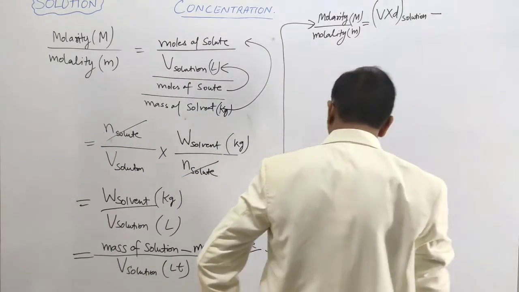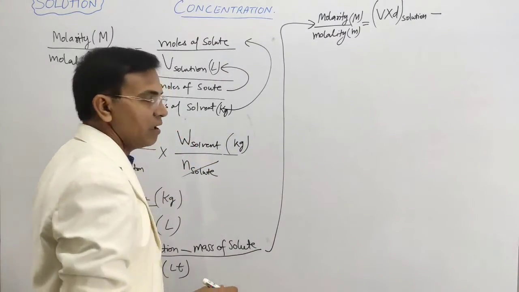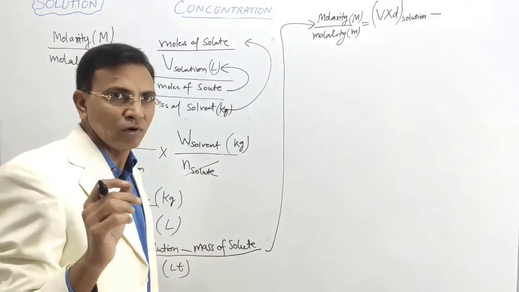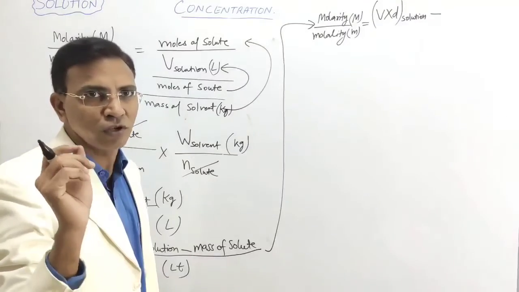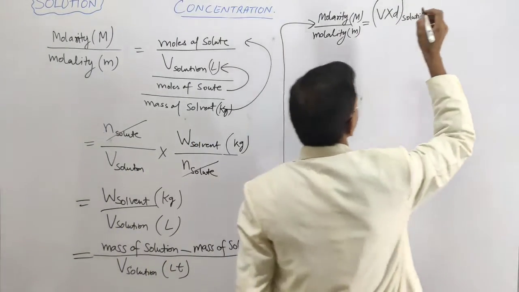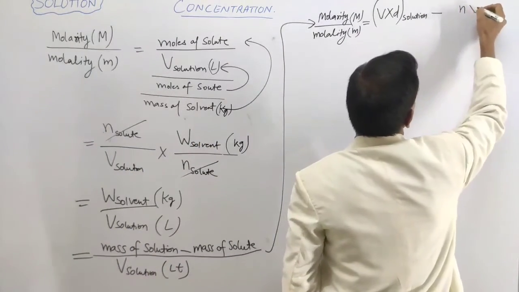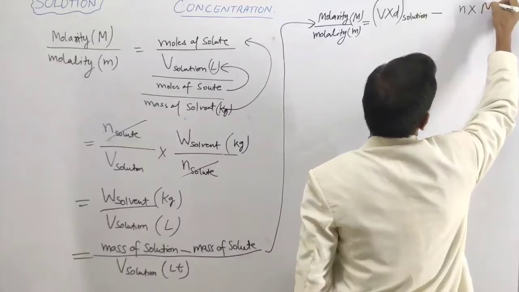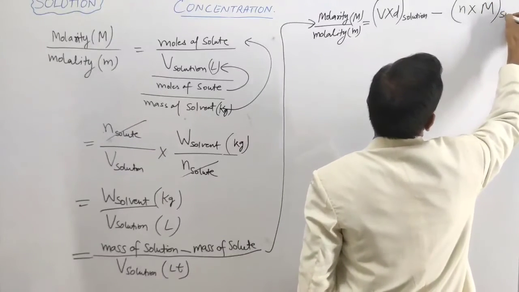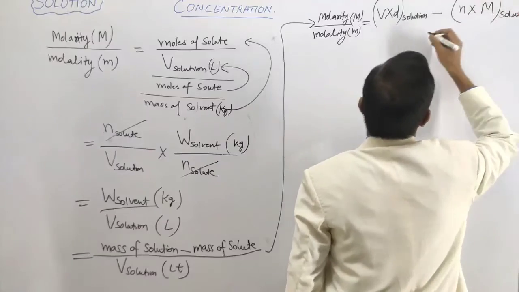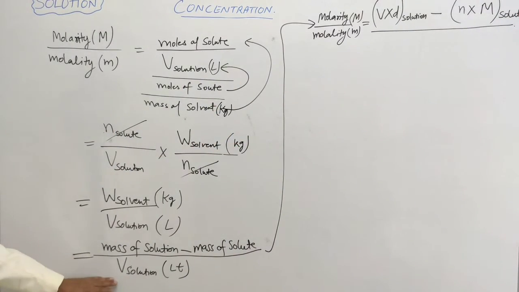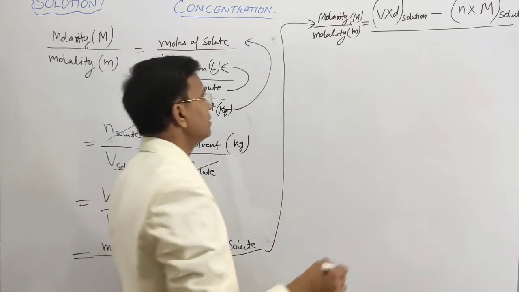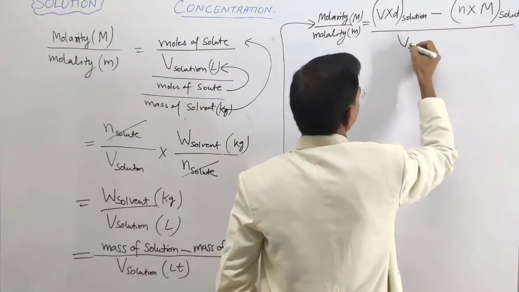The mass of solute is moles of solute multiplied by molar mass of solute, upon the volume of solution in liters.